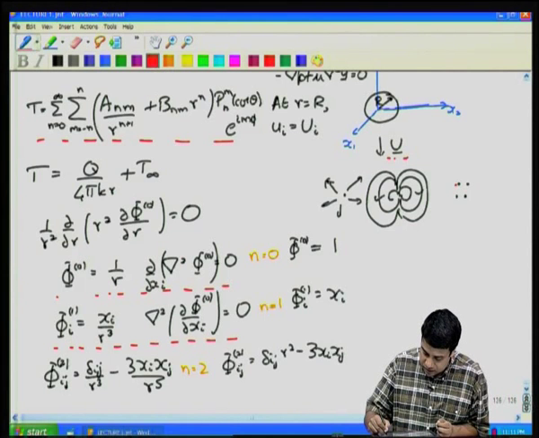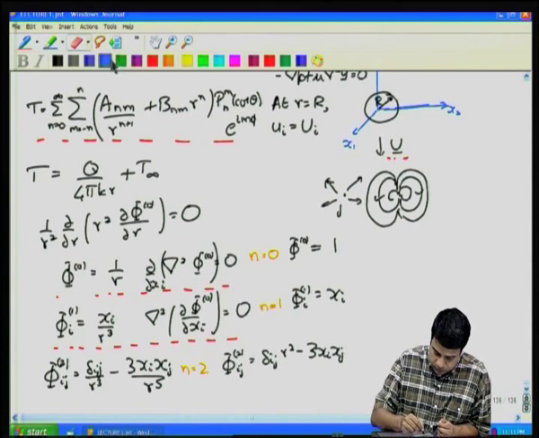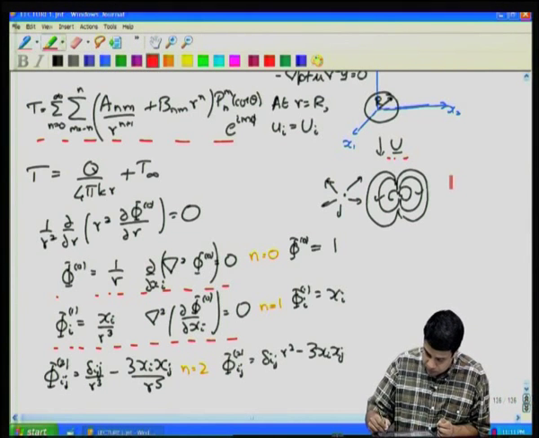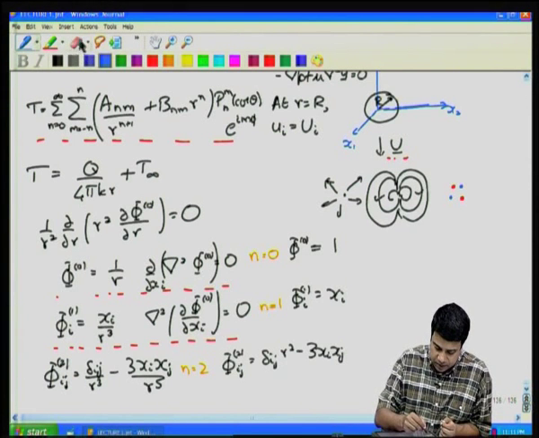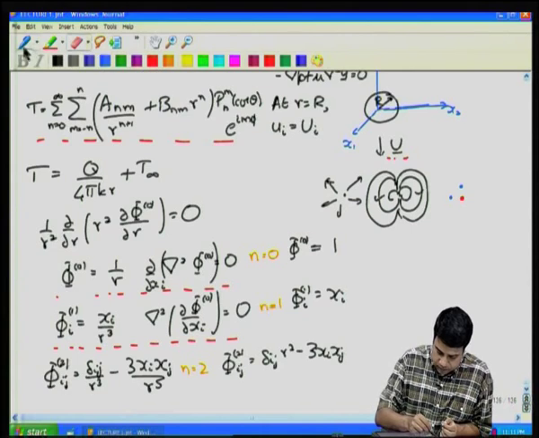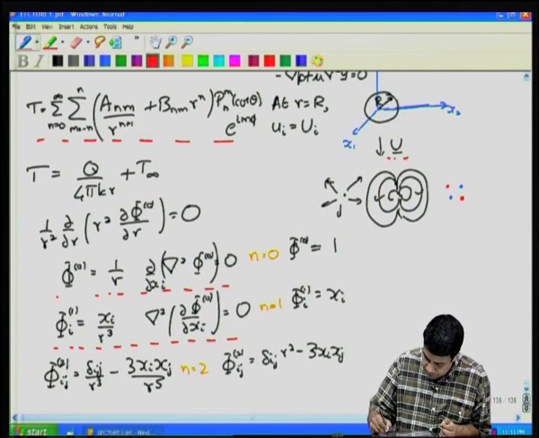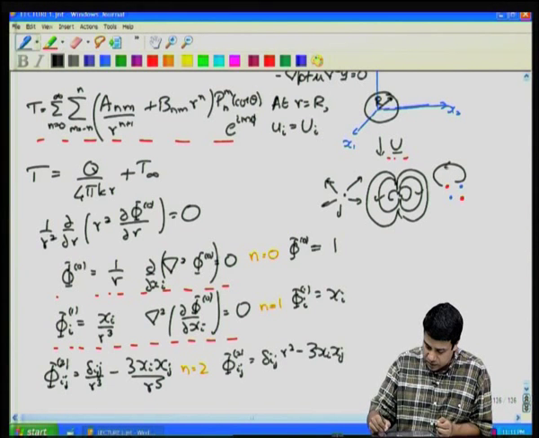So, I will put 2 sources in red and 2 sinks in blue. And the distance between these two have to be equal. So, let me just change this. And then you will end up with a field that looks something like this. It has a 4-fold symmetry.